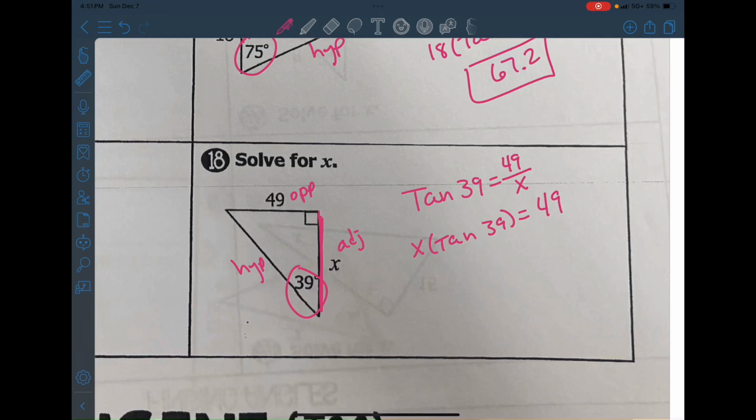It doesn't work that way. And now split this up by dividing on both sides. If I divided this by this, it just cancels out. It just makes a 1. So x times 1 is x. And so now 49 divided by tangent of 39. And you get, we're going to go to the nearest tenth, 60.5.